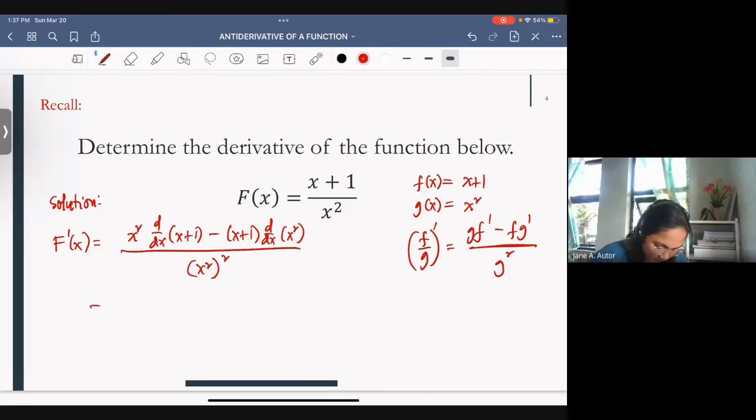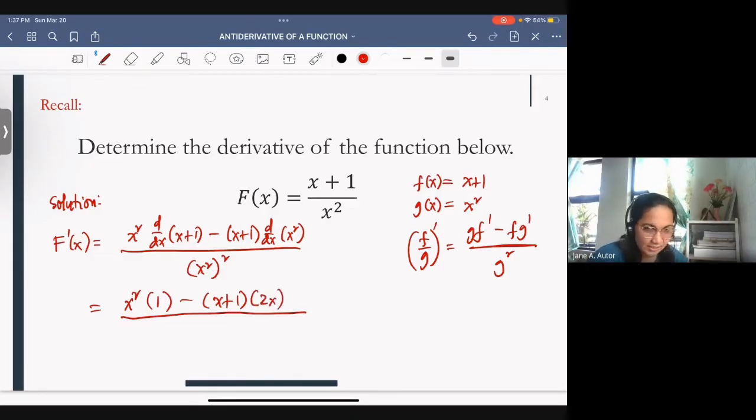Now, let us find the derivative of those expressions or functions in the numerator. So let's copy x squared and then derivative of x plus 1, that will be 1 plus 0, or let's just say 1 minus copy x plus 1, and then derivative of x squared is equal to 2x all over x raised to 4. Now we just have to simplify this.